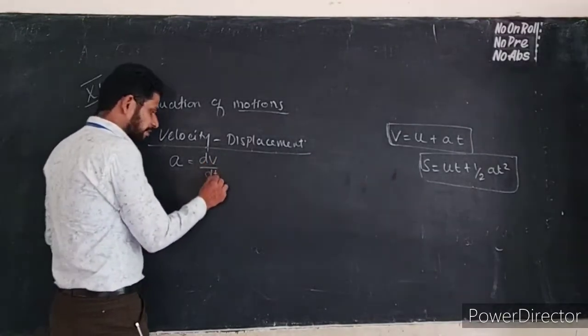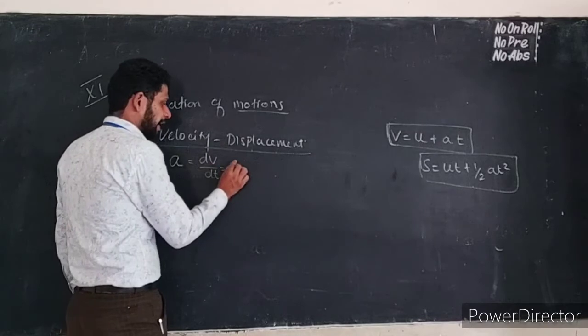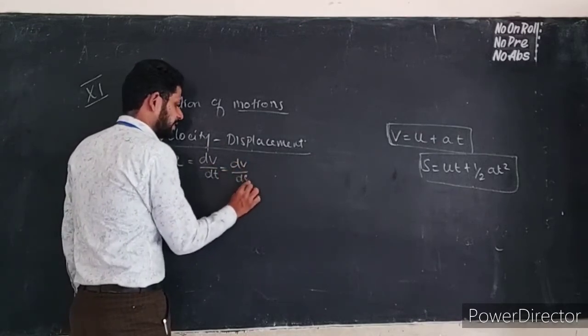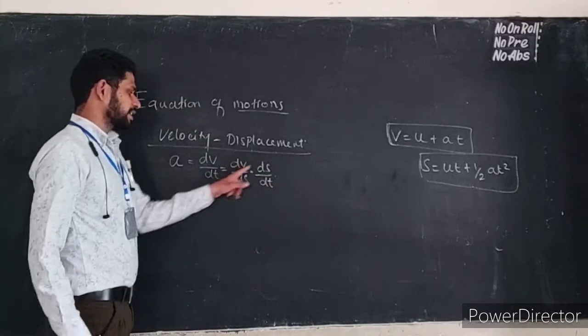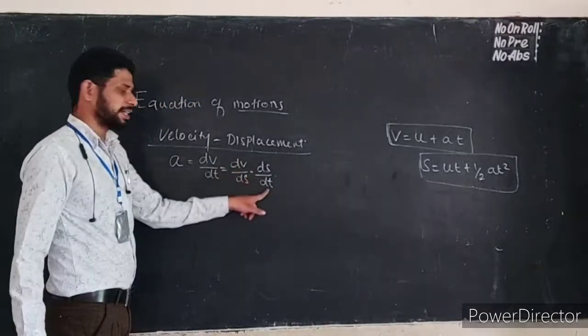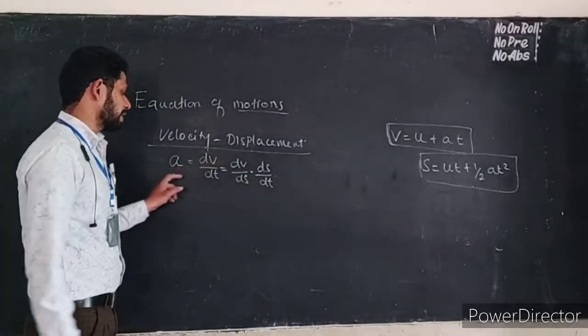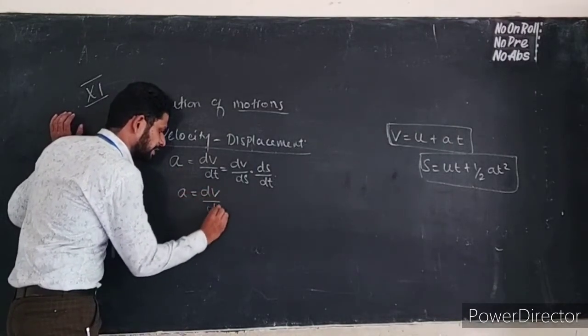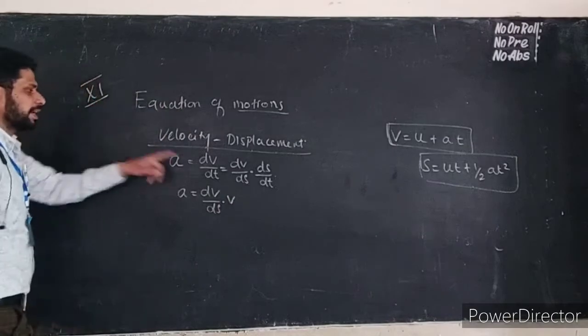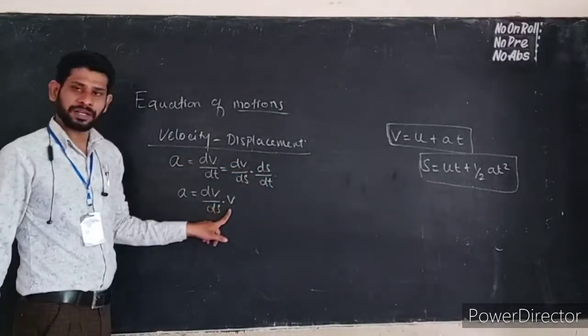So in terms of displacement, we can write this velocity as rate of change of displacement, into change in displacement. Okay, so ds will be cancelled, then what will happen? dv by dt, which is nothing but our acceleration. Then a equal to dv by ds into v we can write, because rate of change of displacement is nothing but your velocity.